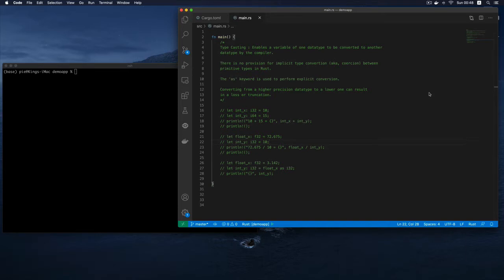One thing that I want you to note, which is peculiar to Rust, is that there is no provision for implicit type conversion. If you're familiar with other programming languages, for some of them it's not a problem when you are adding a float to an integer, because the compiler or the interpreter, depending on whichever language you're using, can implicitly convert one type to the other and make the operation successful.